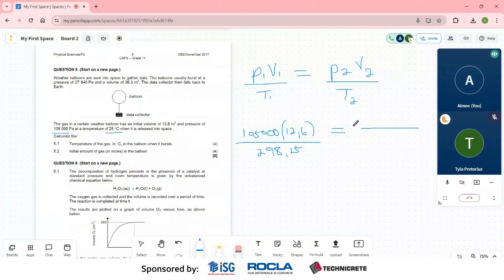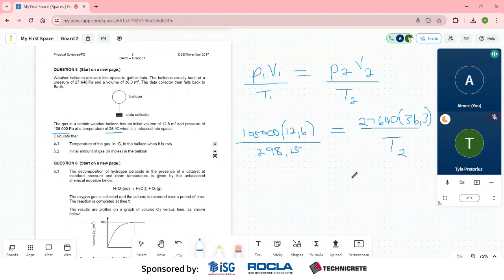The pressure is 27,640 pascals when it bursts, multiplied by a volume of 36.3, and T2 is what you're looking for.